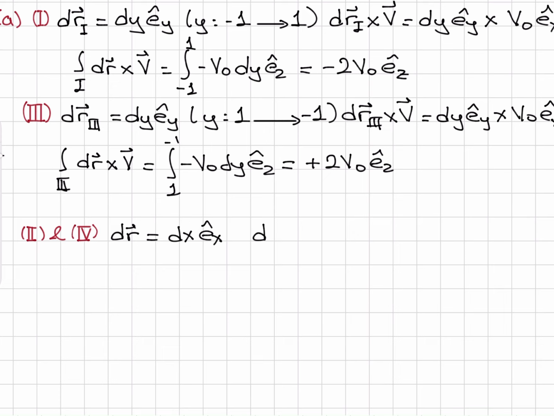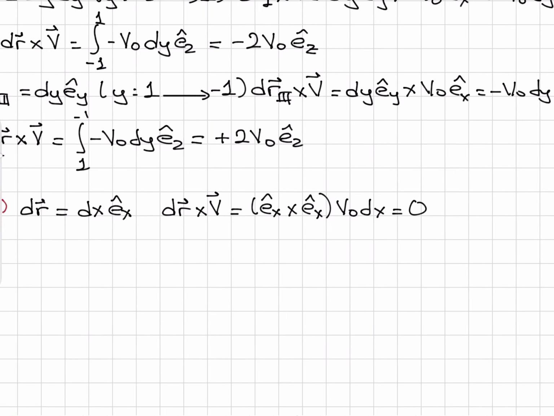Now when I look at dr cross v, I have ex hat cross ex hat, v0 dx, which is 0. So for both of these integrals, over segment 2 and over segment 4, my answer is 0.